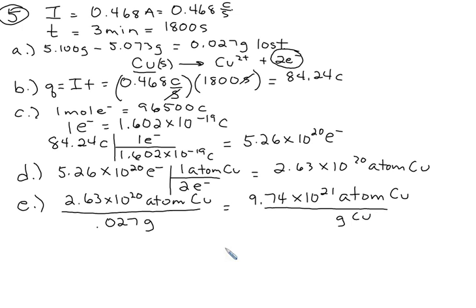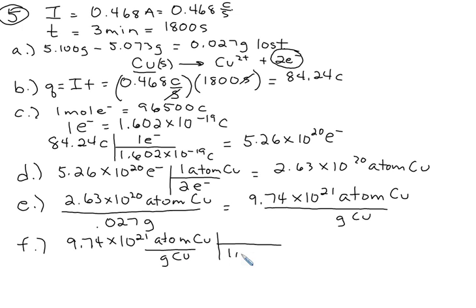And the next step says, okay, well, we want to know Avogadro's number. Now remember, Avogadro's number is the number of atoms in a mole. And we're in grams, and we want to get that to moles. So we're going to take our 9.74 times 10 to the 21 atoms of copper per gram of copper, and we know that 1 mole of copper is 63.55 grams.